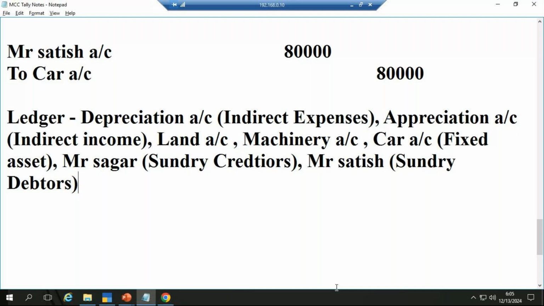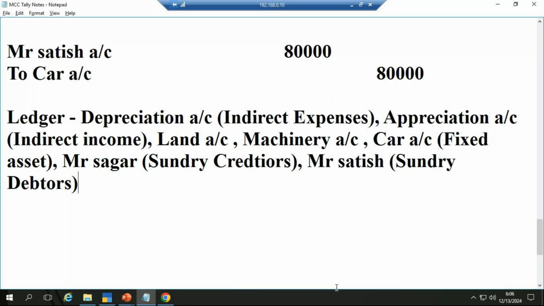Then land account comes under fixed asset, save it. Then machinery account comes under fixed asset, save it.